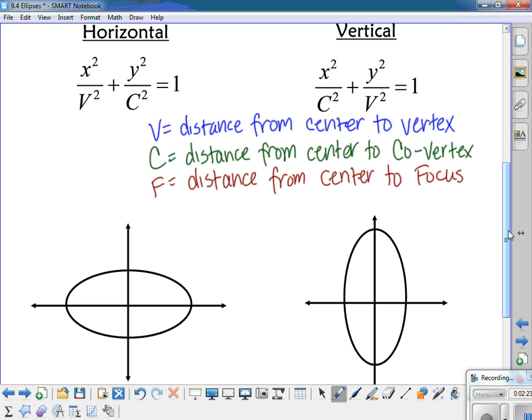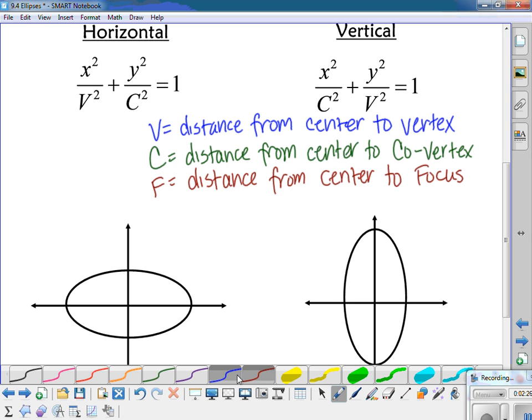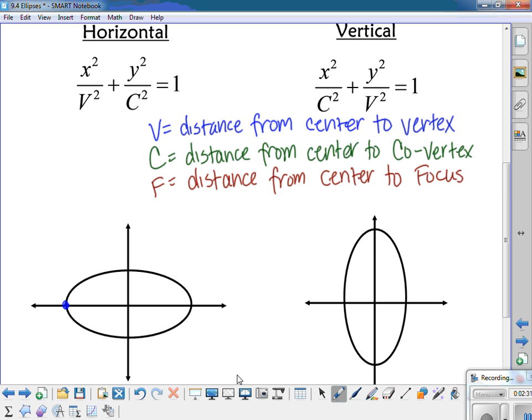So what that looks like is on my horizontal ellipse, the vertices are on the x-axis. On my vertical one, they're on the y-axis. So the V is just the distance from the origin to that vertex. I'm not going to leave that there, though, because my drawing is going to get too crowded.